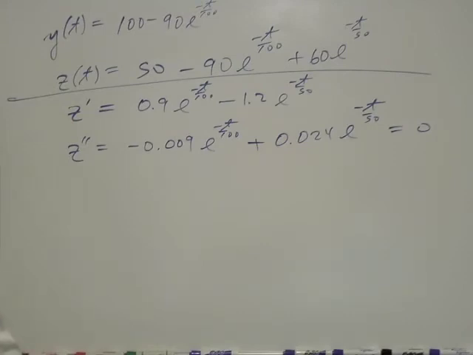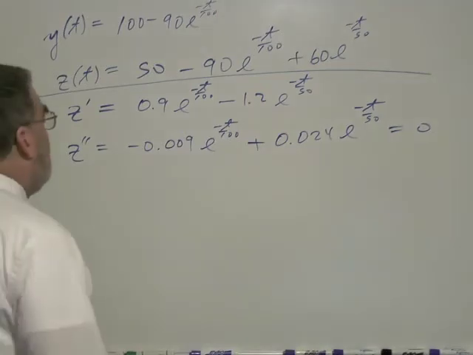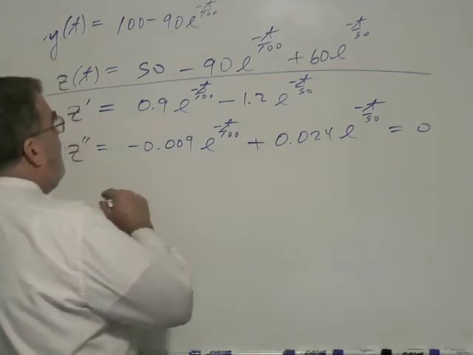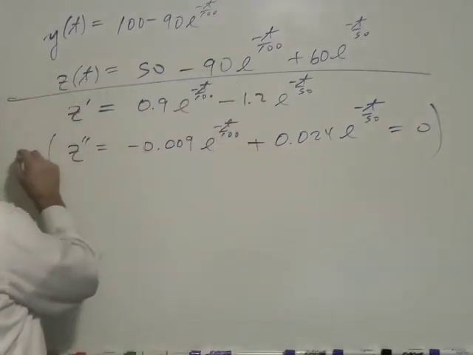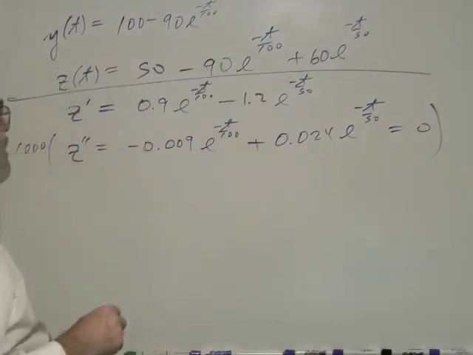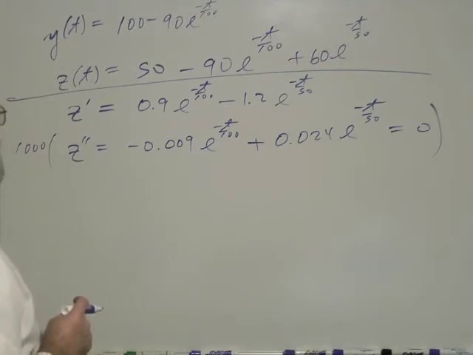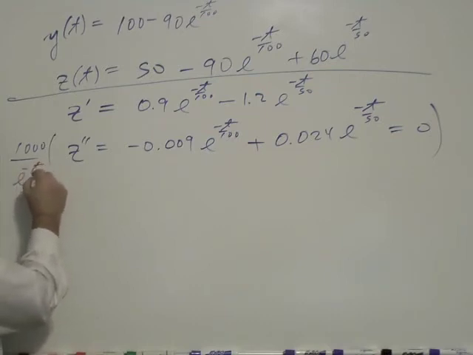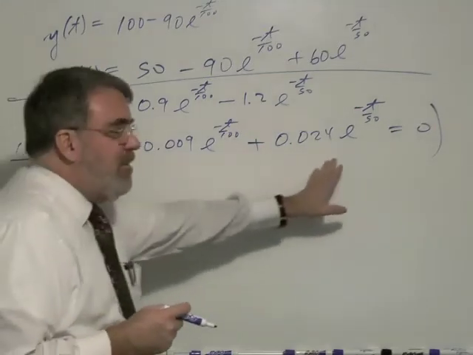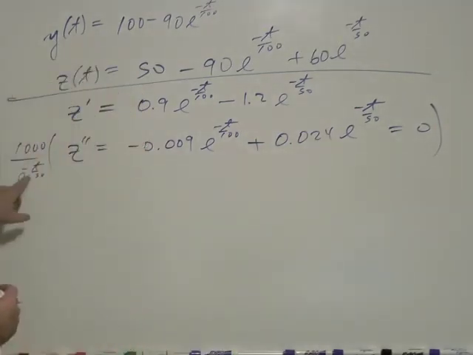So, wow. First of all, how about we multiply everything times 1000 to get rid of decimal places. And let's also divide by, what were we dividing by before? e to the negative t over 50. Alright, so I'm going to multiply the equation by 1000 to move the decimal places, and then divide by e to the negative t over 50.